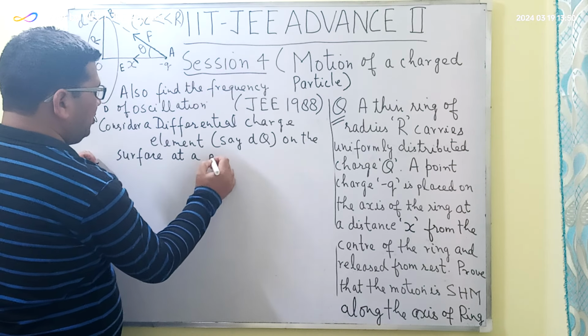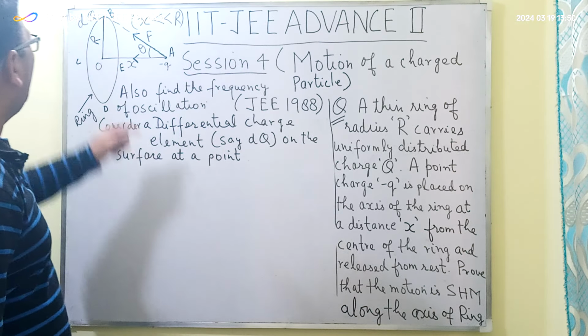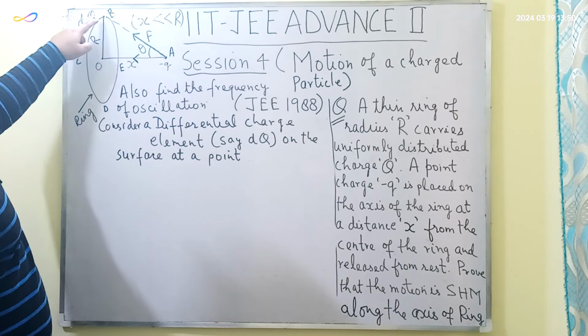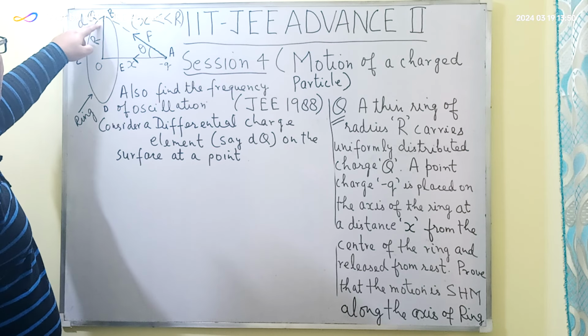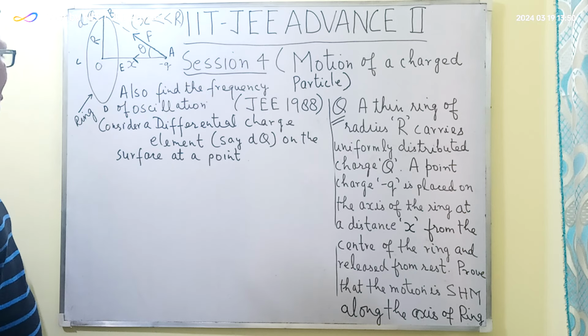You can consider that element at any point on the surface of the ring. So I have taken that differential charge element dq at this point B of the ring.